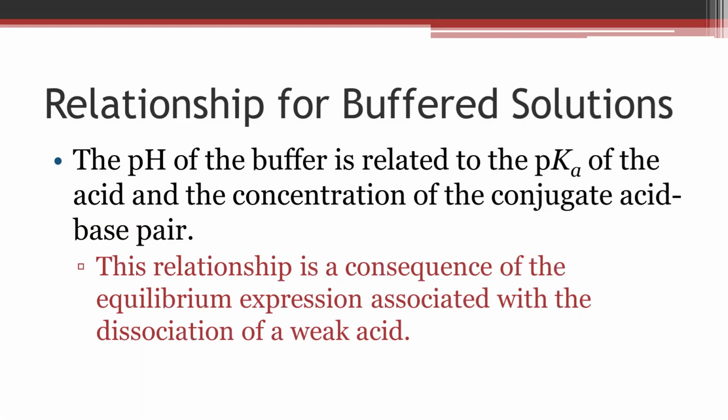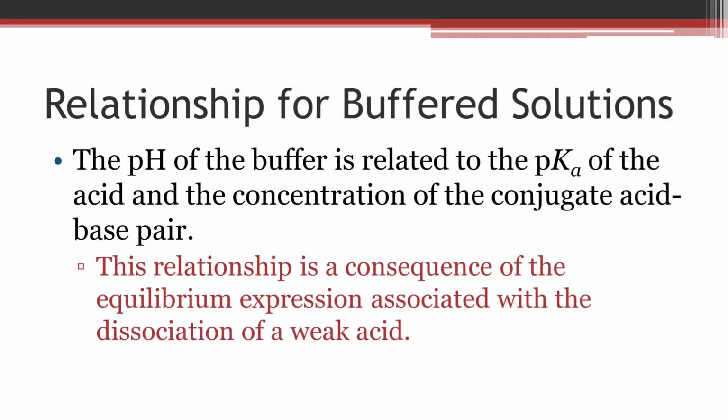We also talked about in 8.7 how the pH is related to pKa when you have a weak acid, and when they are equal and what that is helpful for. Now we're going to talk a little bit more about that relationship. It is related to the pKa when we have the concentration of the conjugate acid-base pairs involved.